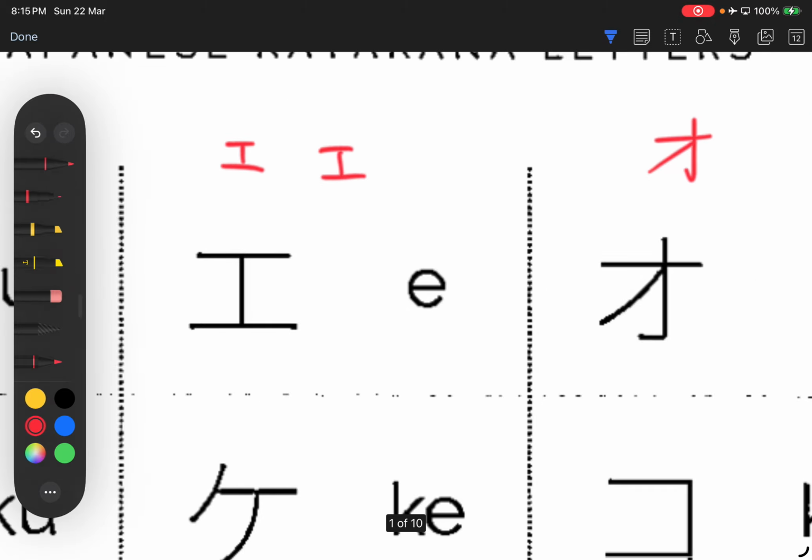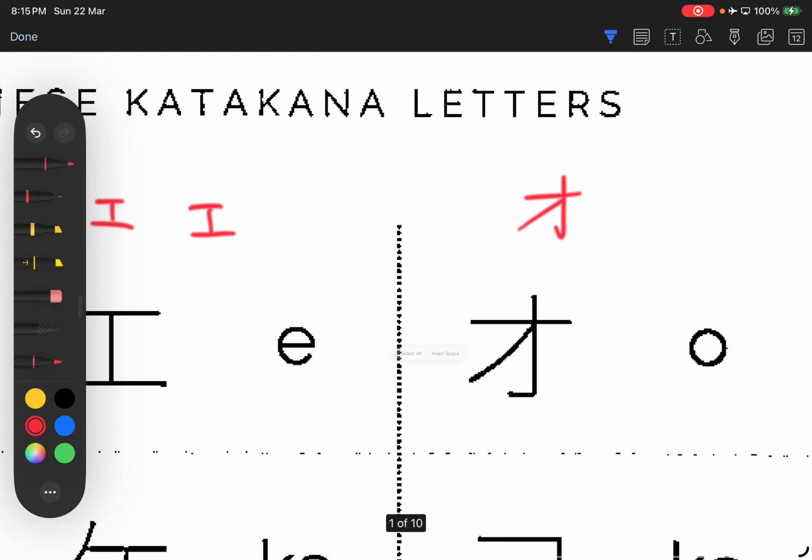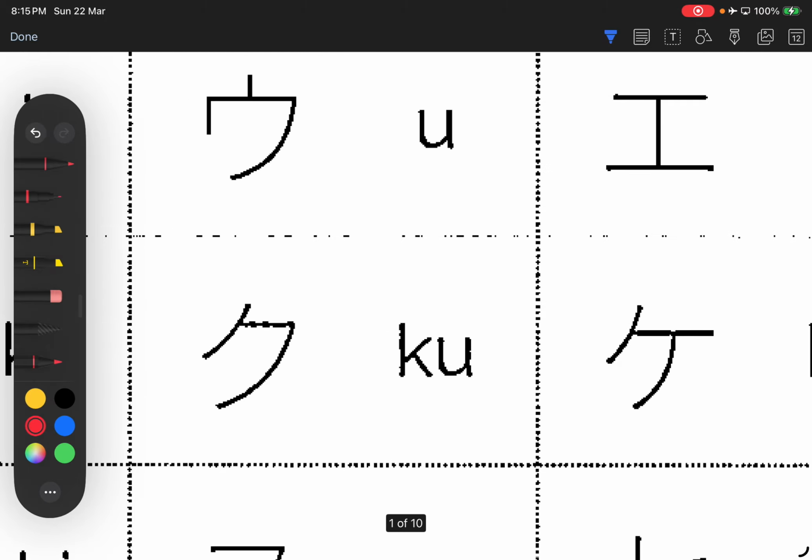Okay, let's move on to the next one. Ku. Right, so ku is something like that. Okay, this is very ugly. Yeah, it's like a slanted line with a 7.